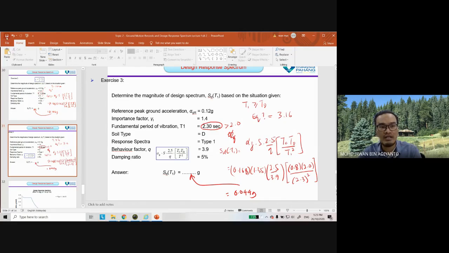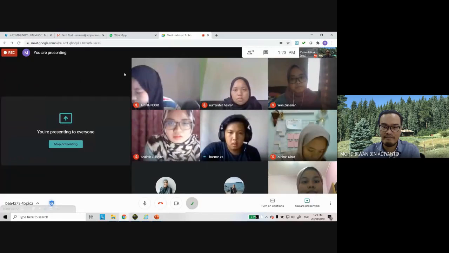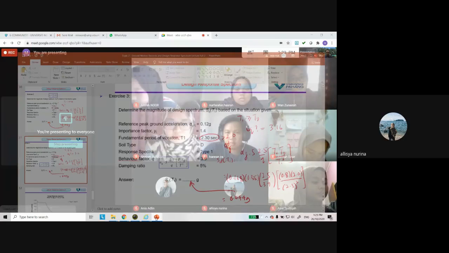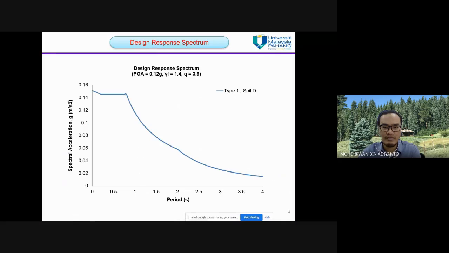How about the others? Similar answer, everybody? Yes. Okay, good. So we can have a sketch here. At 0.5 second, exercise number 1, the spectral acceleration is 0.145, here.